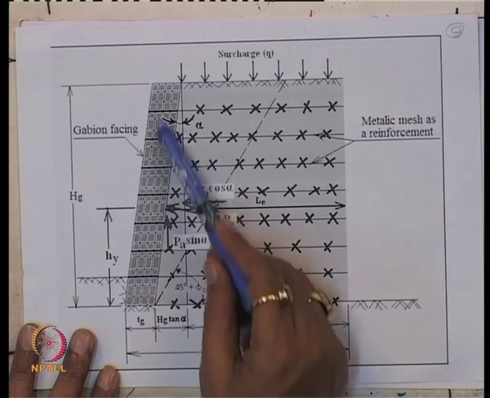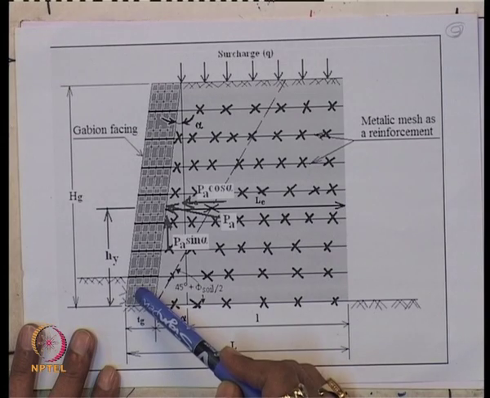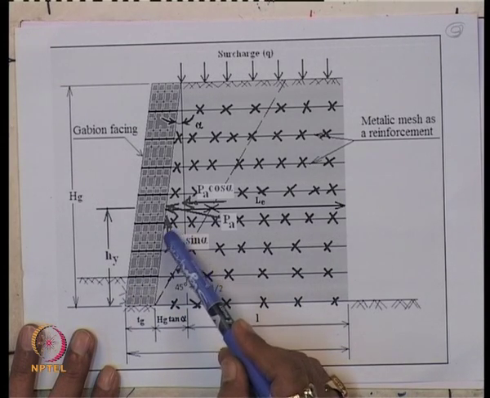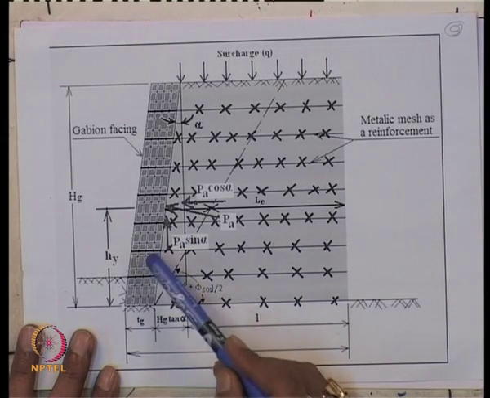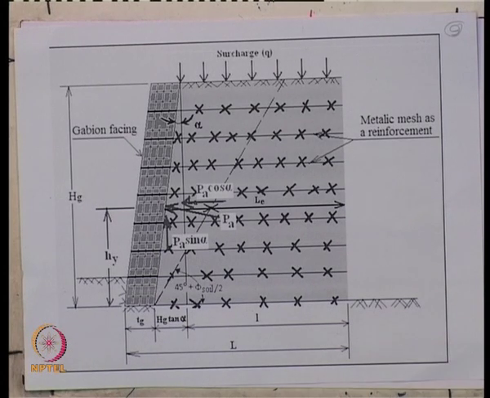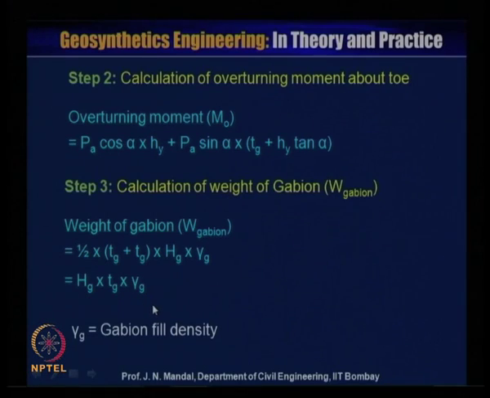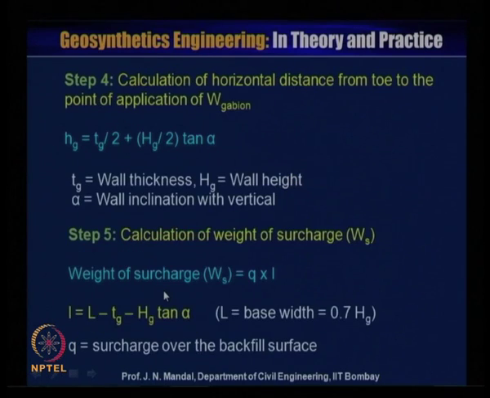So the weight of the gabion will be equal to Hg into Tg into gamma g. Here gamma g is the gabion fill density, because this gabion is filled up with the stone. So you know the gabion fill density, and you can calculate the weight of the gabion.